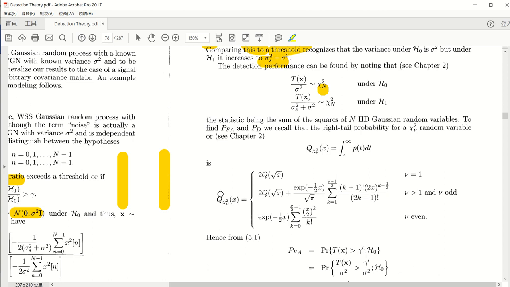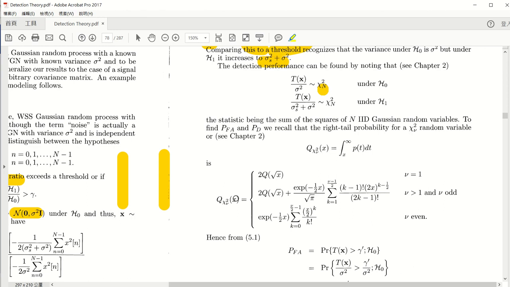So we will express that Q sub chi-square in the form of the standard Q function, because the standard Q function is more available. If V is equal to 1, then it's 2 times Q of square root of X. So this is just a functional form correspondence. Even without any physical interpretation, you can think of this as just a mathematical correspondence.